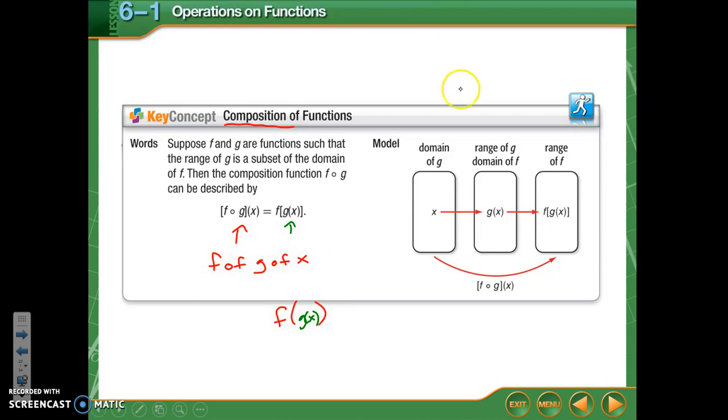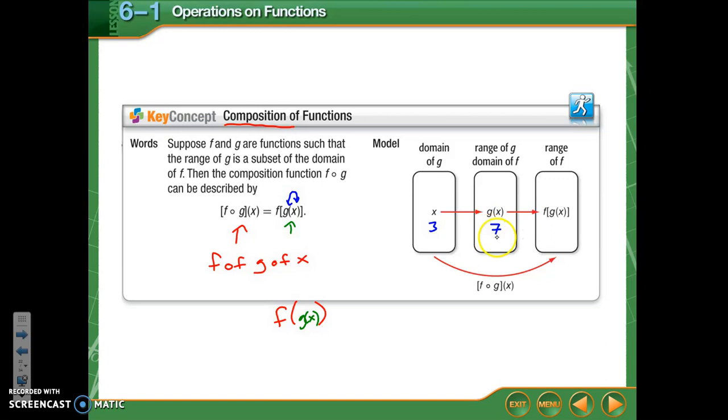So look what's happening. Basically what we're saying is we have a function, right? And when we're doing composition, we work from the inside out. So we start with our x, right? And we're going to plug x into our g. So we have our x and we plug it into g and we get an output, right? So if x is 3, let's say, and we plug it into g of x and we get 7.